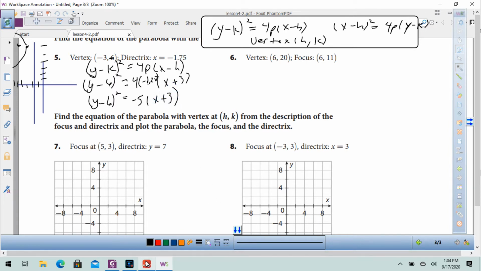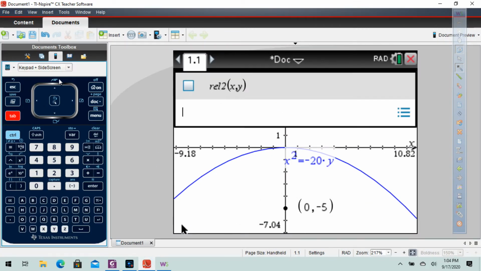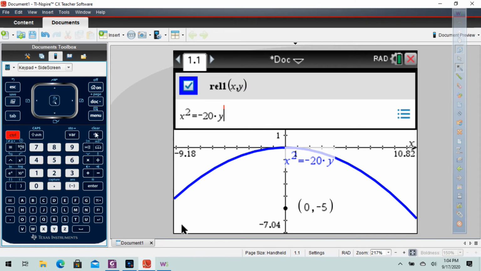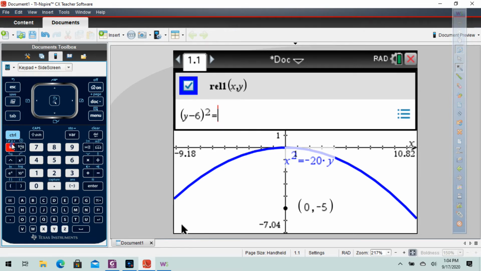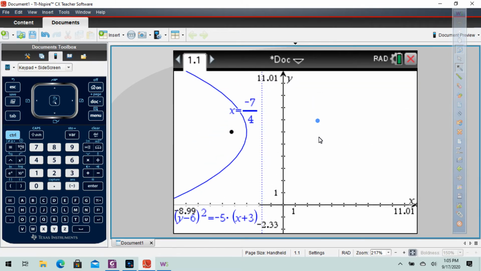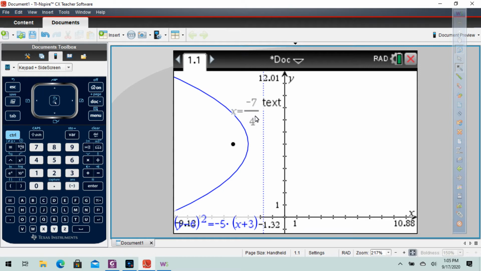We might have checked that. So all right, let's go in here and tab. Let's go in there. And I had y minus 6 squared equals negative 5 times x plus 3. And there it is. Well, let's check it. So negative 7/4, which is negative 1.75.